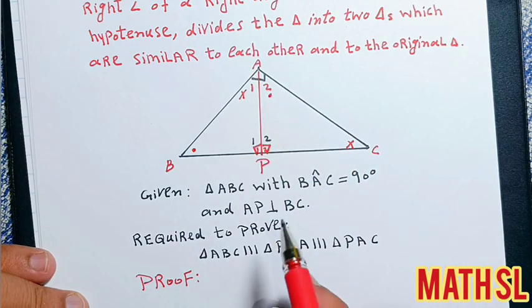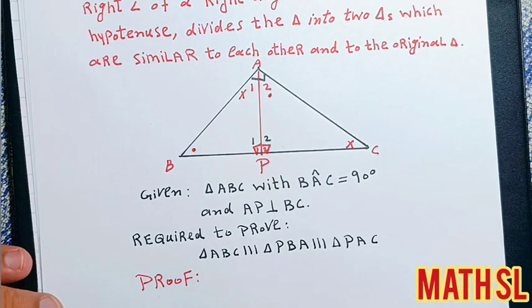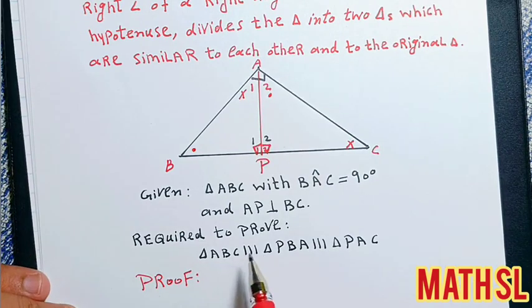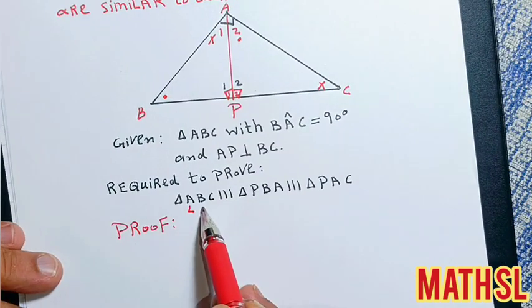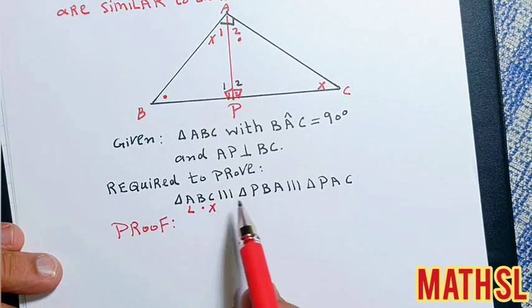This is very important. Remember this is the 90 degree angle, and B is a dot and C is a cross.